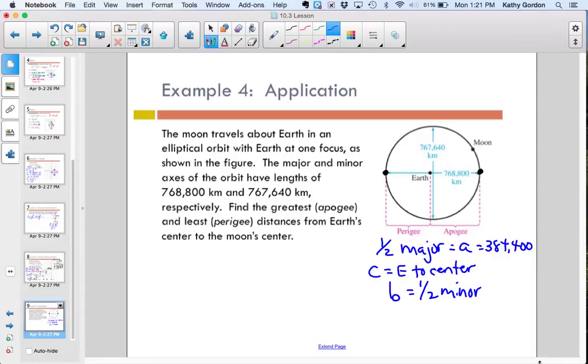Yes. Okay. How about half of minor? 383,820. Human calculator. Okay.